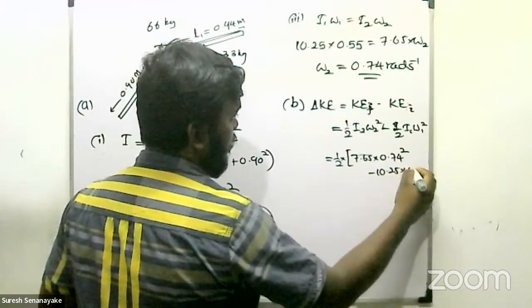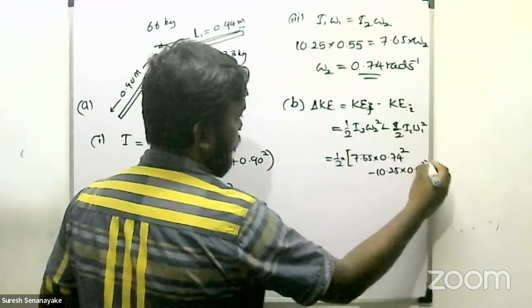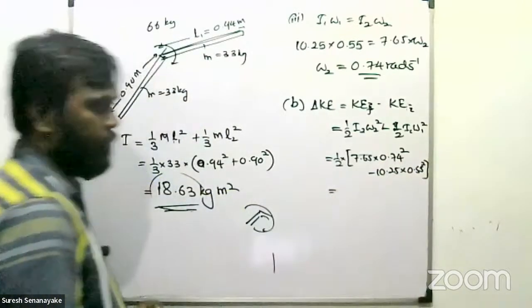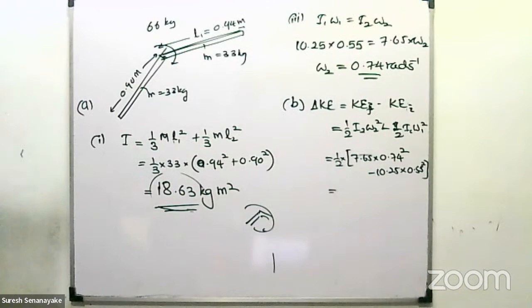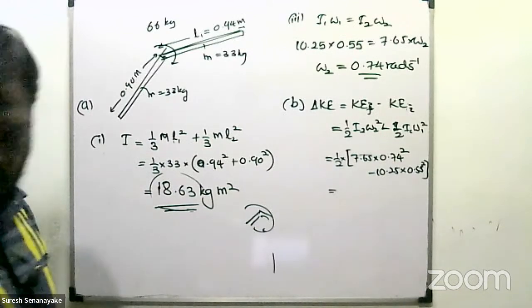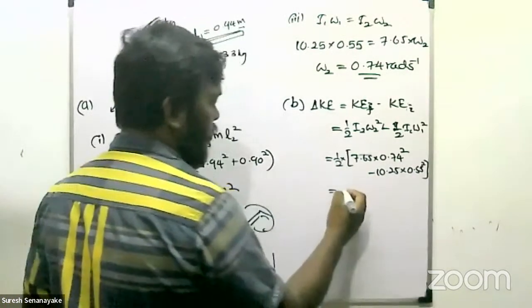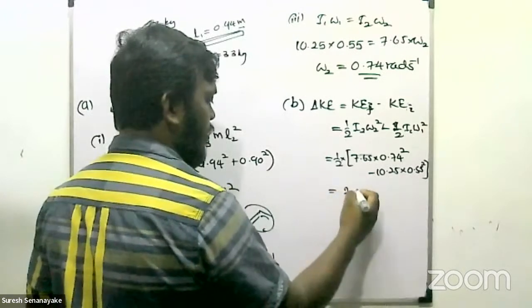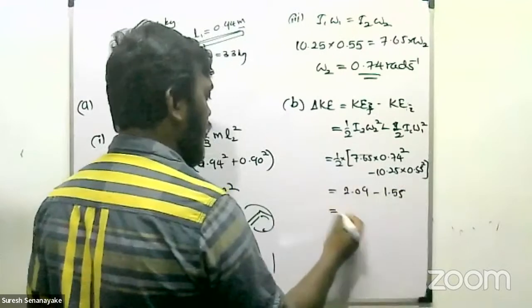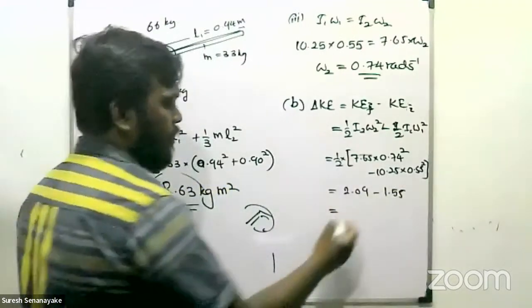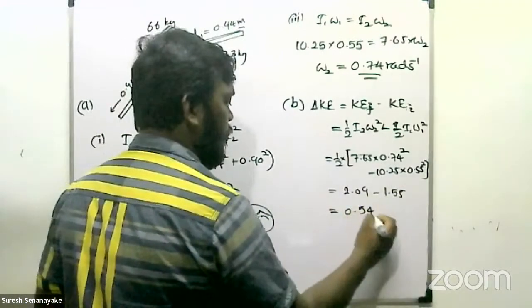Then this say 4.55. Then you can simplify and get the answer. It shall be 2.09 minus 1.5, so 0.54 joules.